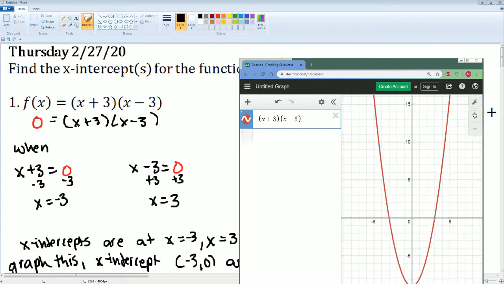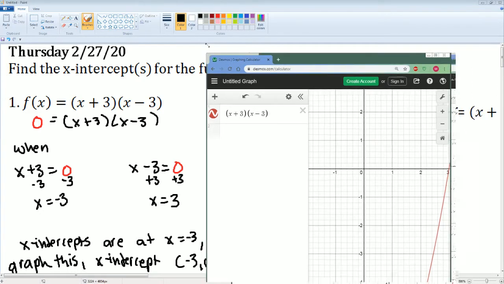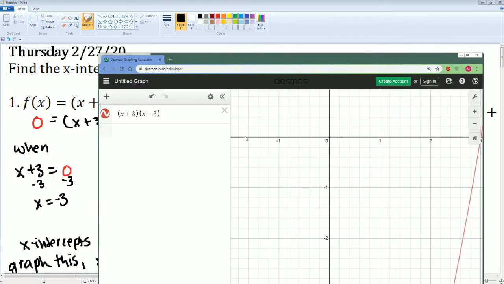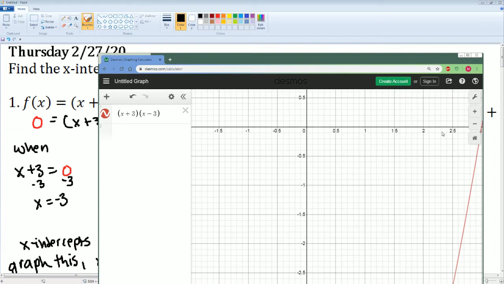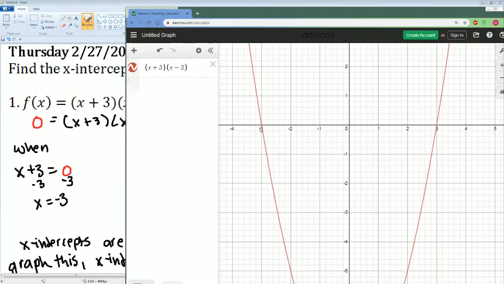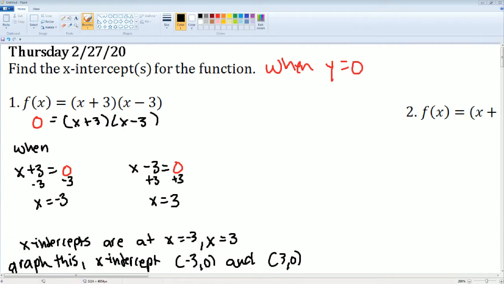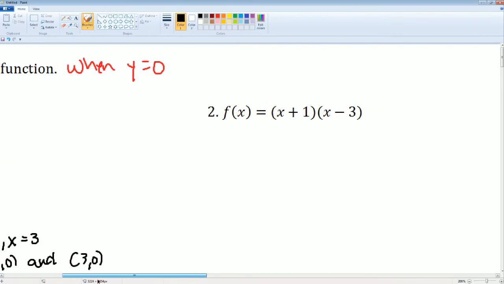Perfect. Let's make this a little bit bigger. Let's see if we are correct. All right, are we right? Yep, look. Negative 3, comma 0, and 3, comma 0 are the x-intercepts for this function, which is said right there. Good.